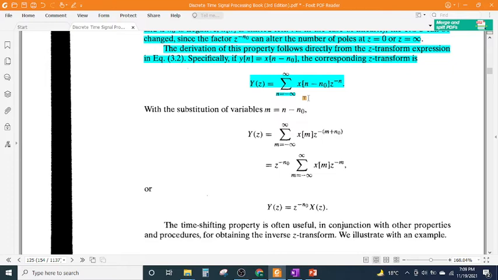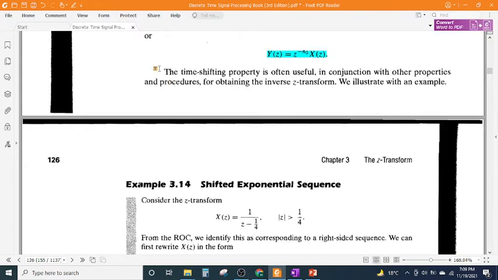With the substitution of variables m equals n minus n0, Y(z) equals the sum over m of x[m] z^(-(m plus n0)), which equals z^(-n0) X(z). The time-shifting property is often useful, in conjunction with other properties and procedures, for obtaining the inverse Z-transform. We illustrate with an example.